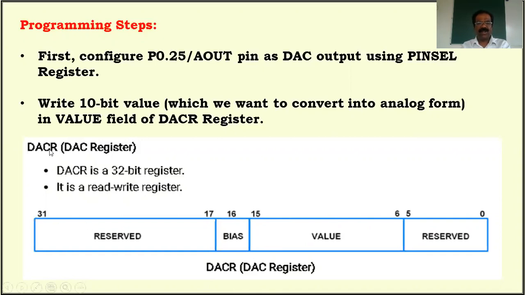Therefore, we know that it's a 32-bit register. It's a read-write register. You can read as well as write. In this case, we are writing the appropriate digital value starting from bit 6 until 15. We have to write a 10-bit value into this particular register. If you want to convert any digital value, we have to write it in this field.